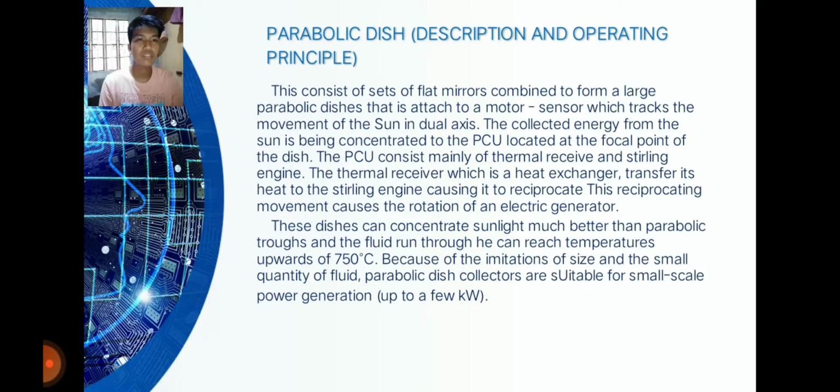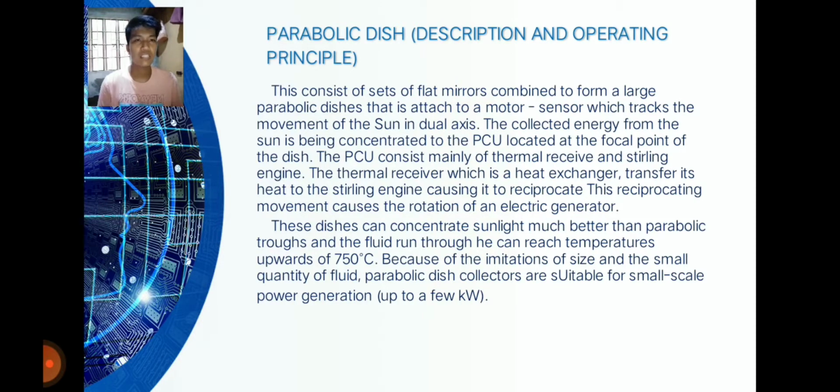So the PCU consists mainly of a thermal receiver and Stirling engine. The thermal receiver, which is a heat exchanger, transfers its heat to the Stirling engine, causing it to reciprocate. So the reciprocating movement causes the rotation of an electric generator.